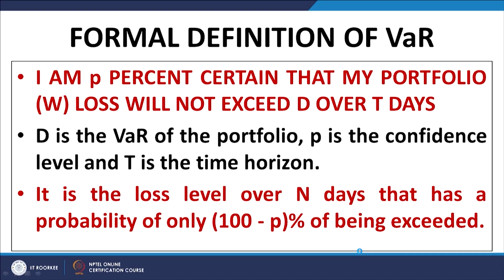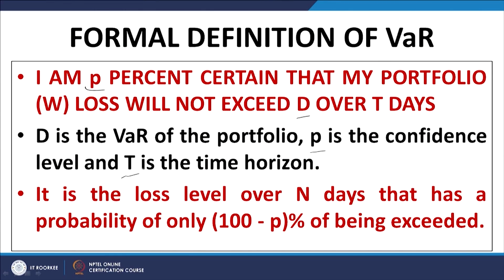I am p% certain, p is a probability, that my portfolio, which will be designated in rupees, therefore, the loss, the change in value of the portfolio, will also be designated in units of money, will not exceed D. D is a certain value of the change in value of the portfolio over T days. T is the time horizon. D is called the value at risk, p is called the confidence level, and T is called the time horizon.